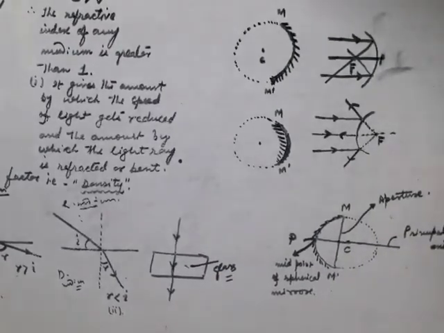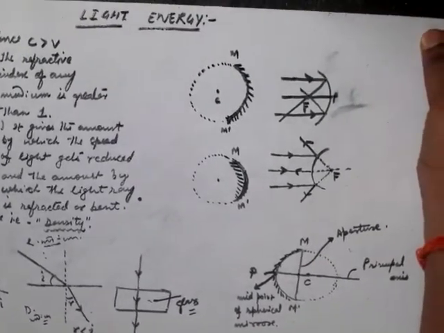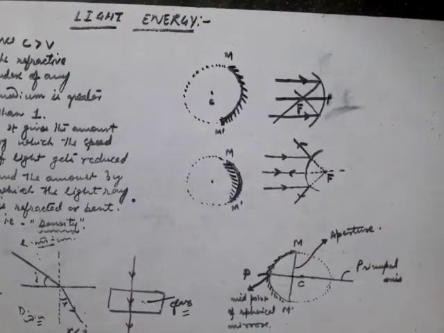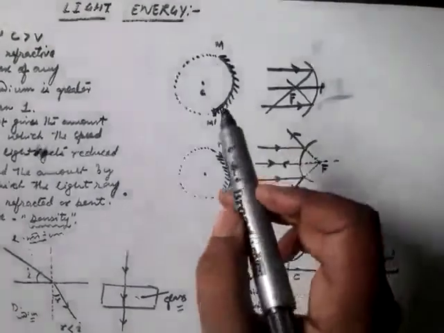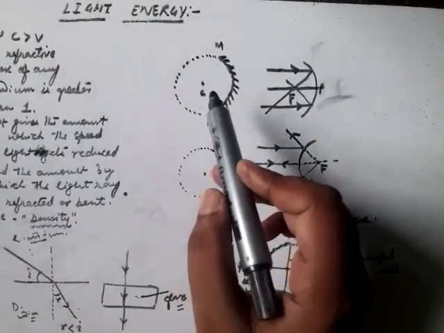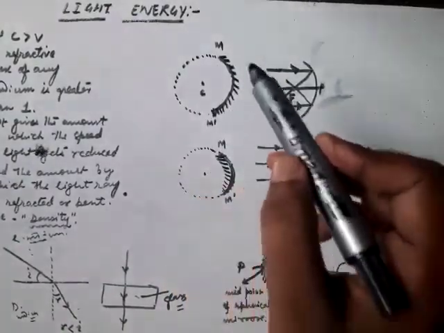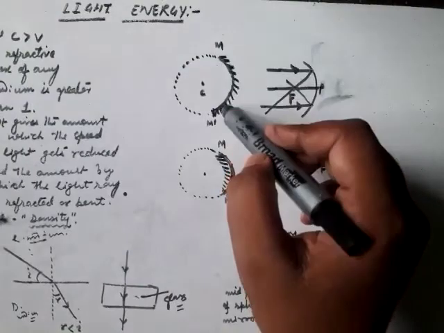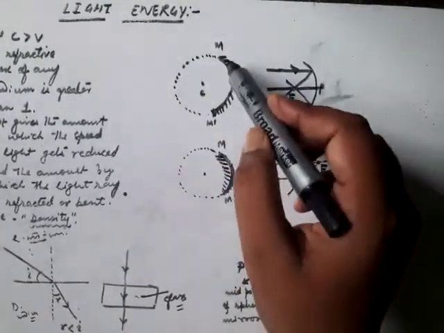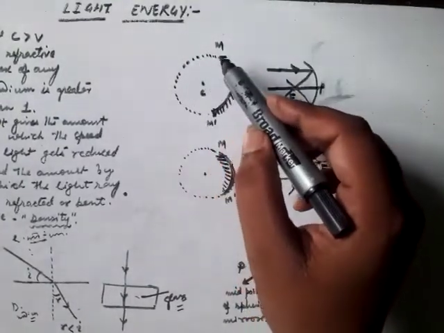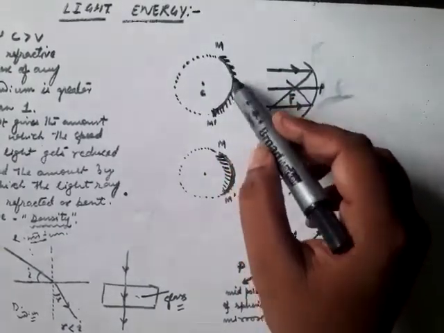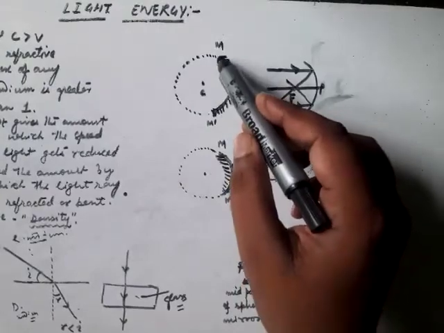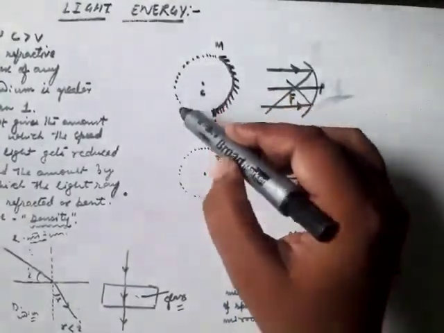Now in your topic we are talking about curved surfaces, spherical surfaces, that is, spherical mirrors. Spherical mirrors are those mirrors which are a part of a hollow sphere.